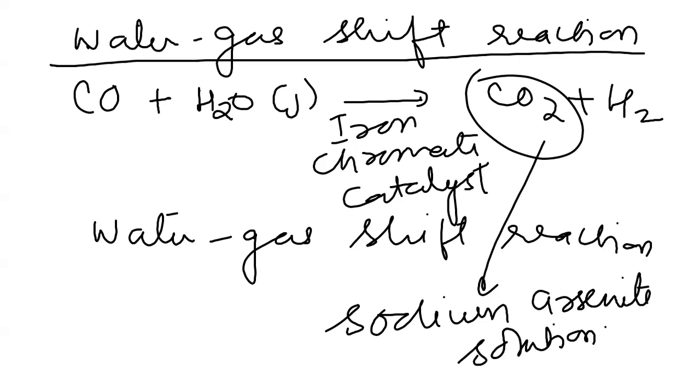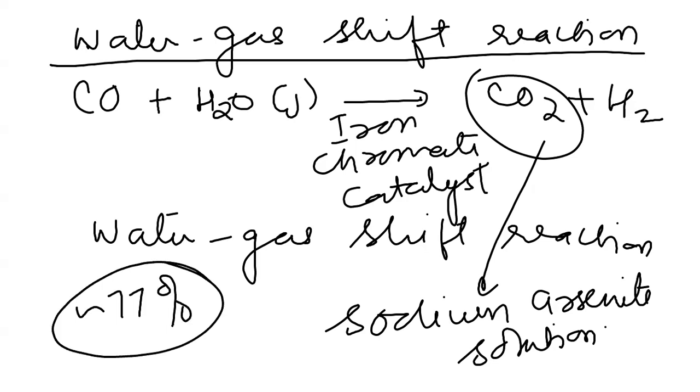So basically, major 77% of this hydrogen gas is produced from petrochemicals. So we can say nearly 77%, and 18% of it is coming from coal.